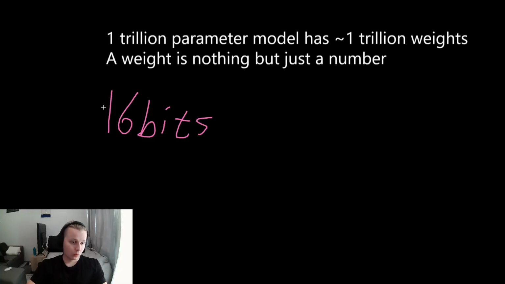The model works with 16 bits, but what we can do with quantization is compress each weight of the 1 trillion weights in this example to be, for example, 8 bits.